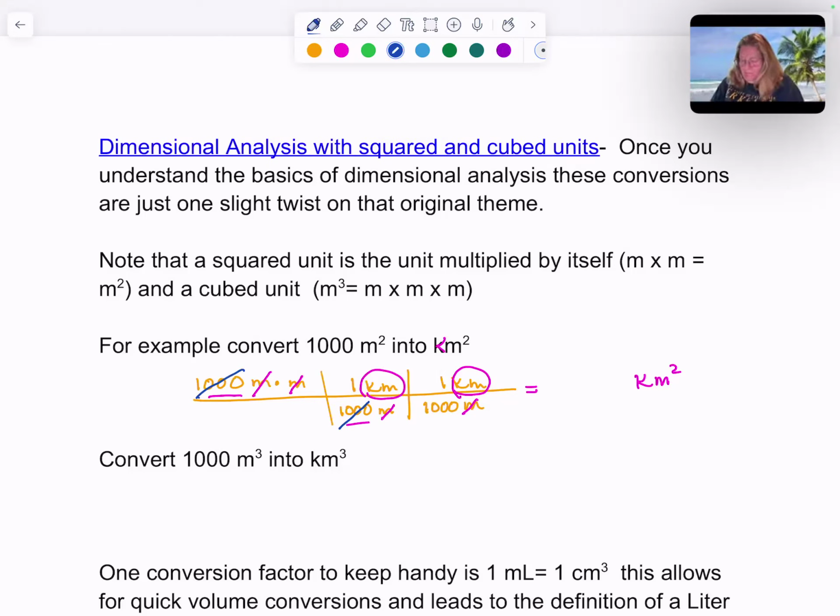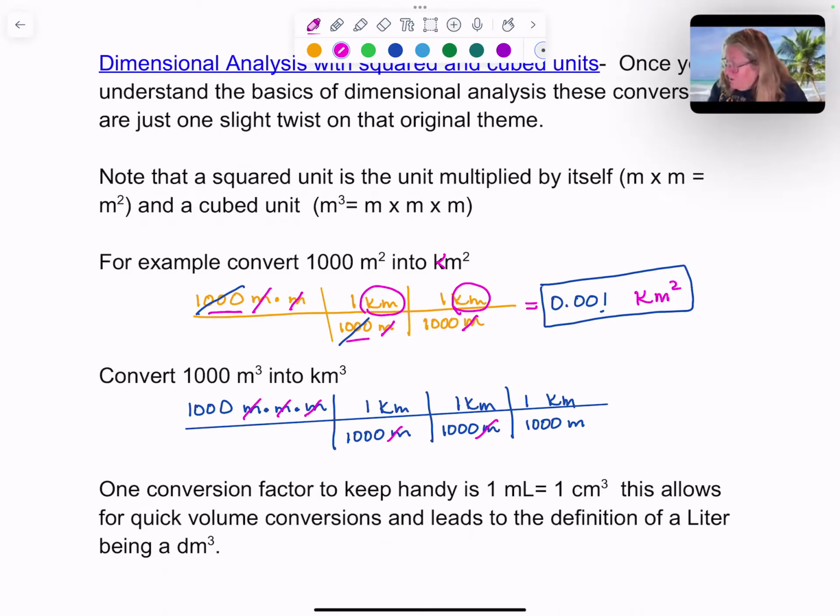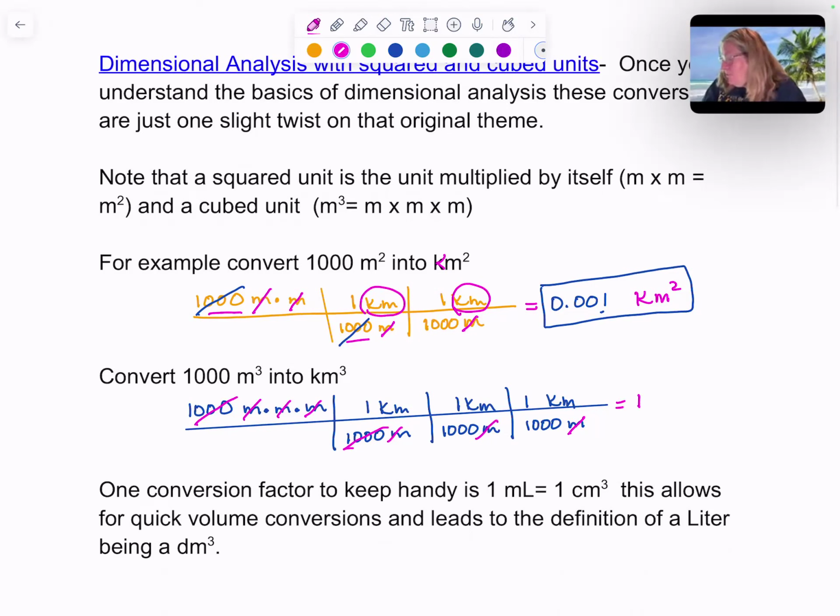Meter cancels meter, meter cancels meter, meter cancels meter. Once again, we can have 1,000 cancel that 1,000. So we have 1 divided by 1,000 divided by 1,000. And this is going to give me an answer in scientific notation of 1 times 10 to the minus 6 kilometers cubed.